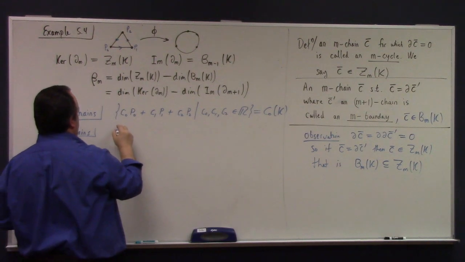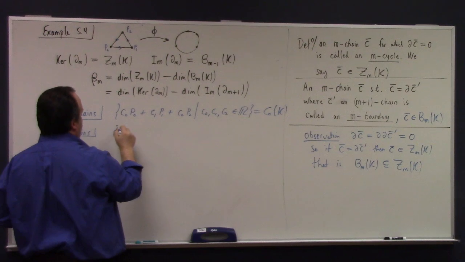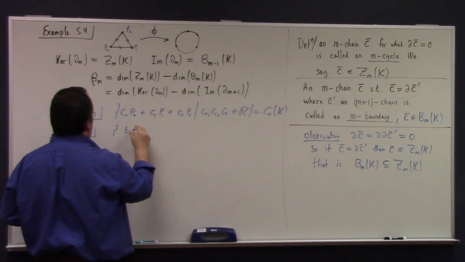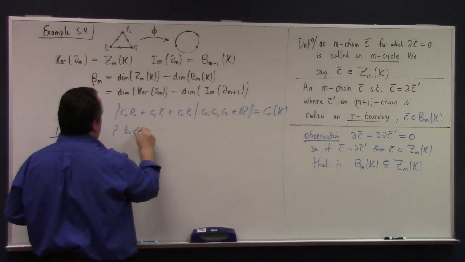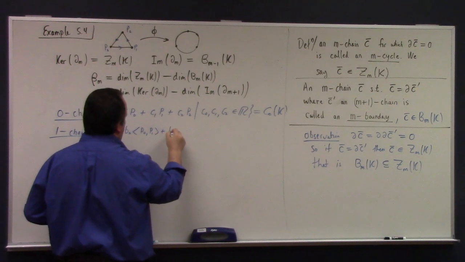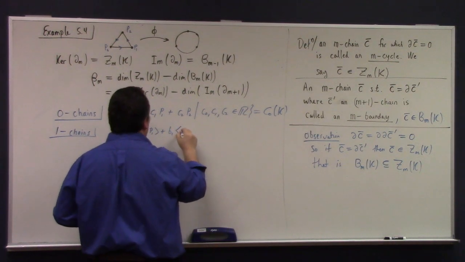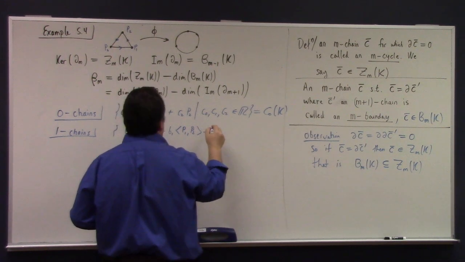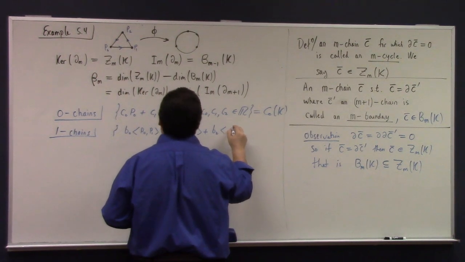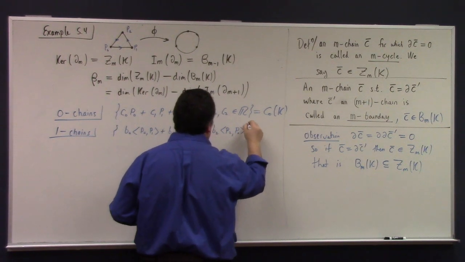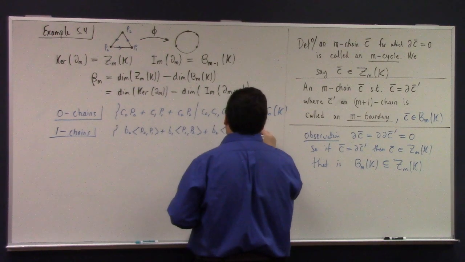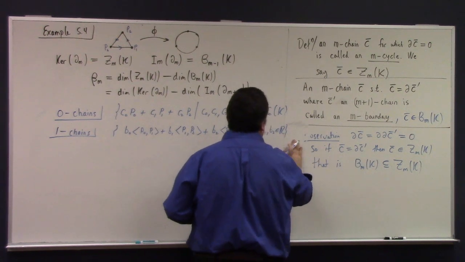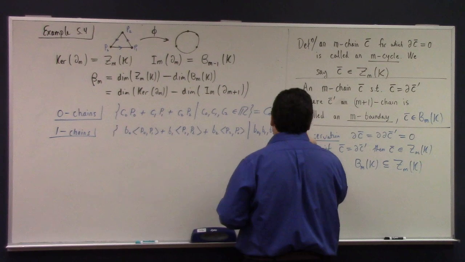So you've got things of the form, let's say, I'll use a different letter, b0 times P0 P1 plus b1 P1 P2, and I may be messing up the calculation in the book right now because I'm ignoring it, such that b0, b1, b2 are real, right? So that is your C1.